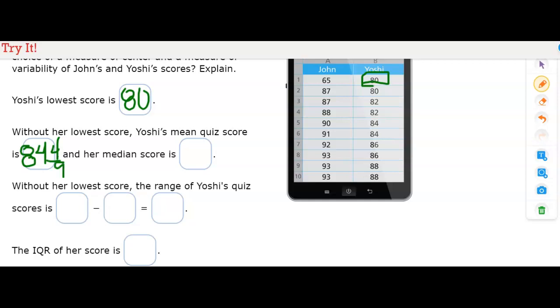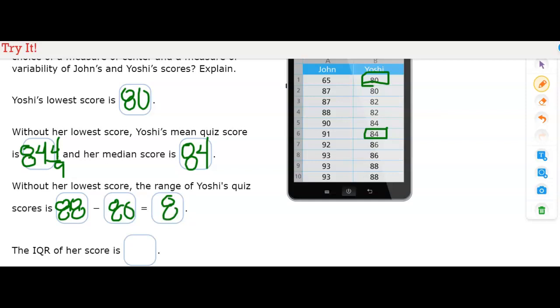And then her median would now be, 1, 2, 3, 4, 84 as her middle number. Then without her lowest score, the range of Yoshi's quiz scores would now be between 88 and 80. And that's a range of 8 points.